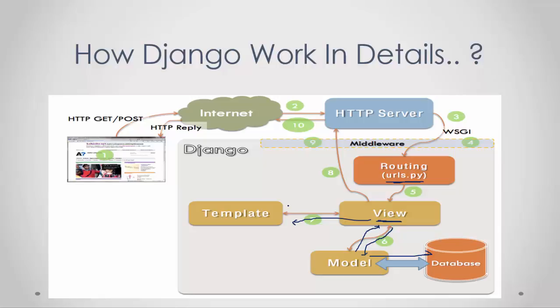And this template moves back to the view, then the view moves back to the HTTP server, and this response moves back to us, so now we can see our Facebook homepage clearly. The design of our homepage is from the template, the URL at the top of our browser is from urls.py, and our data, like name, photo, video, is from the model or database. Okay? Now, what is a view in detail, or what are the template and model?